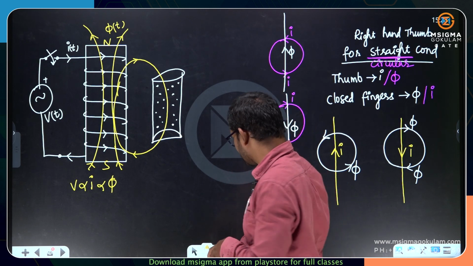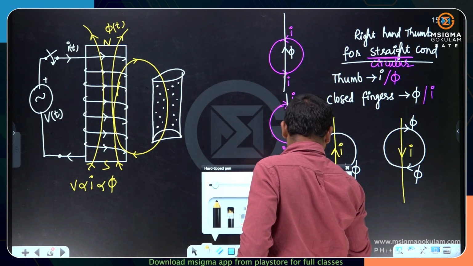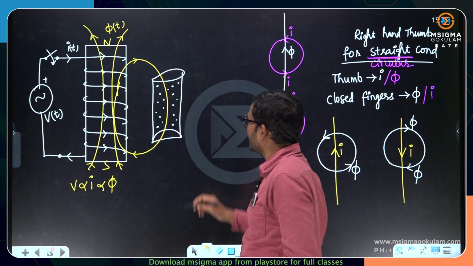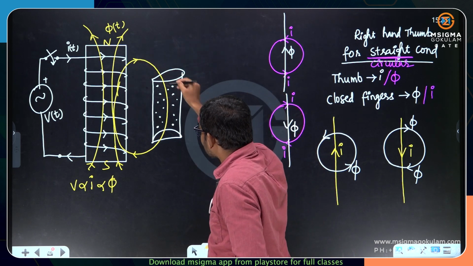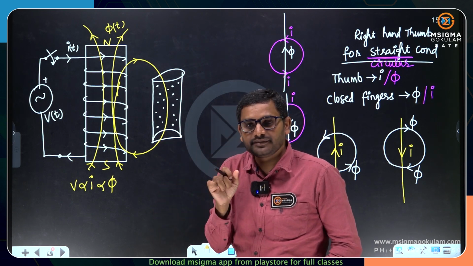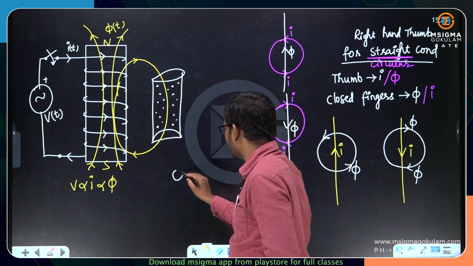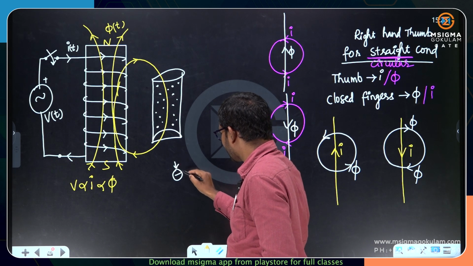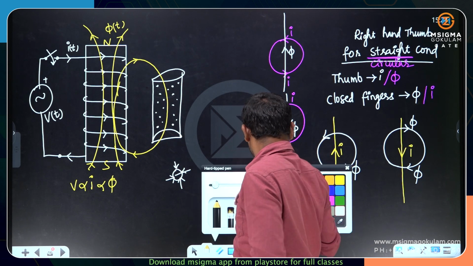And therefore, what happens? Please try to understand this point very clearly. The flux lines interact with the electron field, the imaginary field around the electron. If I have an electron, we will have an imaginary field around it, right? And the flux line is going to interact with this.